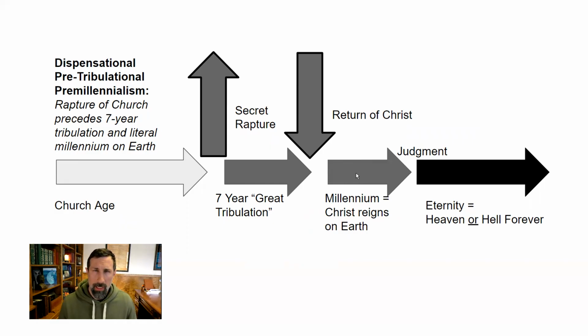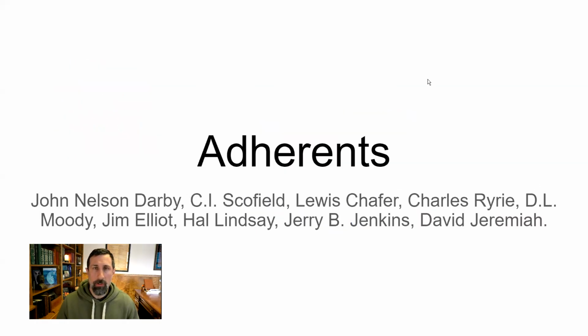And sometimes, and again, I don't find this to be favorable, they would even say that during the millennium, Jesus would reign from Jerusalem, perhaps even reopening the temple for sacrifice again. I find that to be utterly uncompelling, that sacrifice would need to be necessary after Christ has become the final sacrifice for us on the cross. And then, of course, like the other views, it has the judgment of the world and then eternity in either heaven or hell forever.